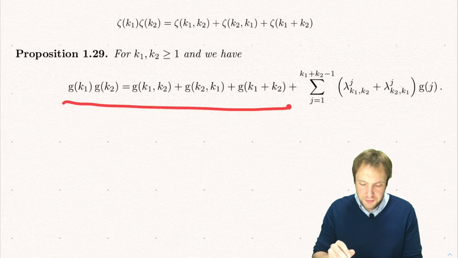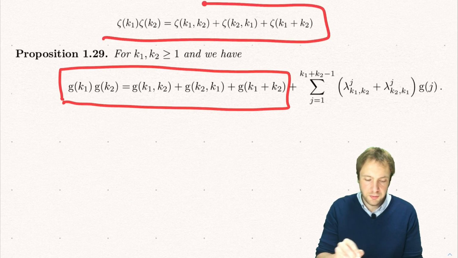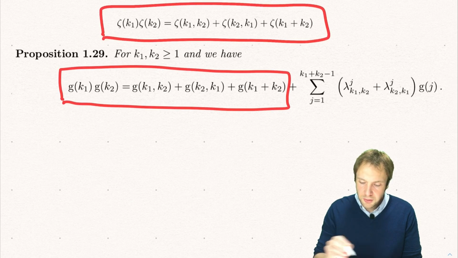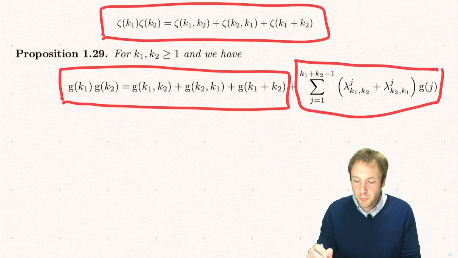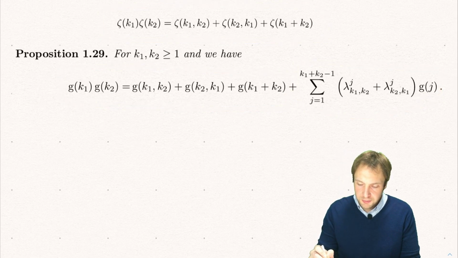So the product of these small g's is quite similar to the product of Riemann zeta values, but we also get some lower weight terms. We didn't define what we mean by weight, but by weight we mean the sum of the k's.